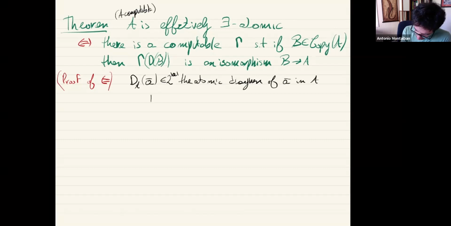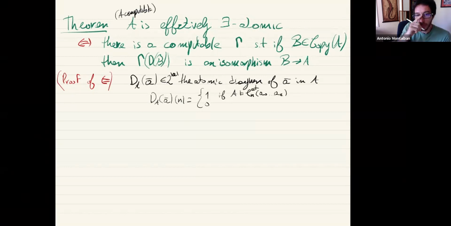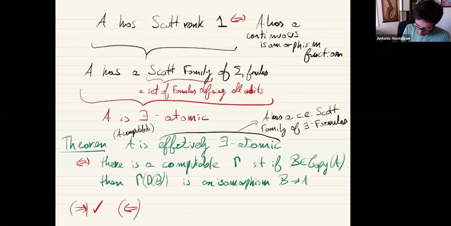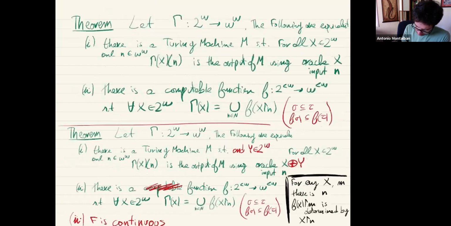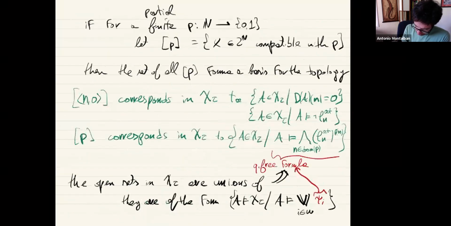So the atomic diagram at n is going to be 1 or 0, depending on whether A models the nth atomic formula applied to a_0 through a_k. Let me go back to where we defined the diagram, where is that?